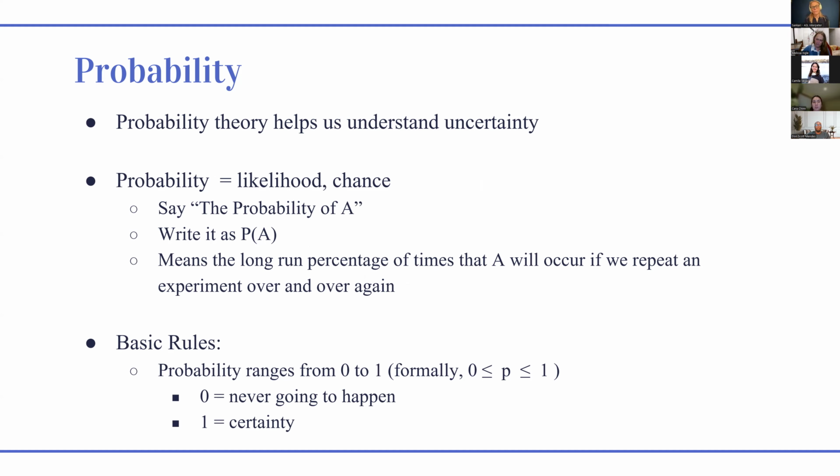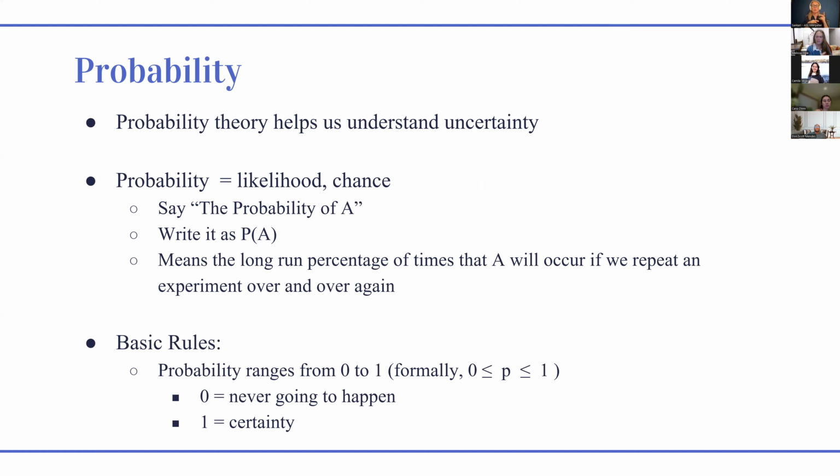And again, something that a lot of people have trouble getting their minds around is that probability does not reflect a single event. It reflects a long-term average or the long-term percentage of times. I ran this test 1,000 times.